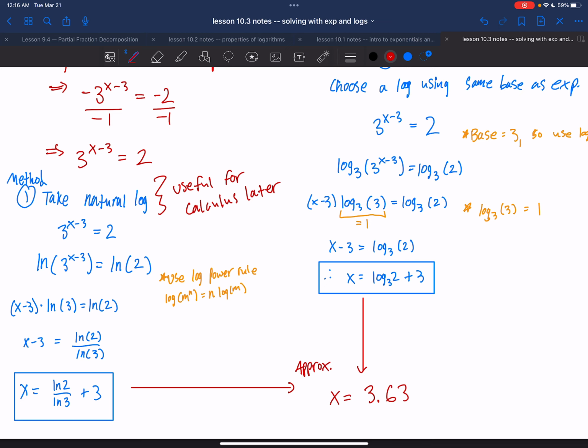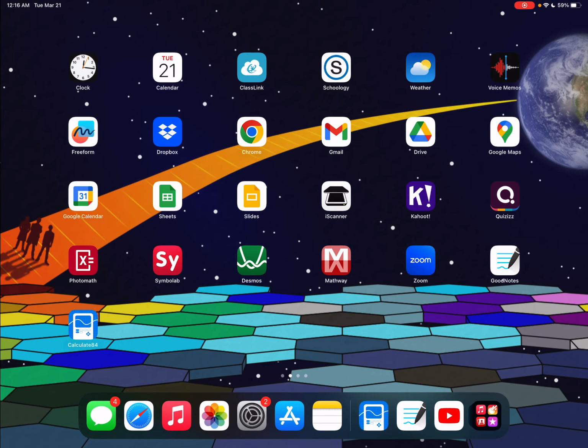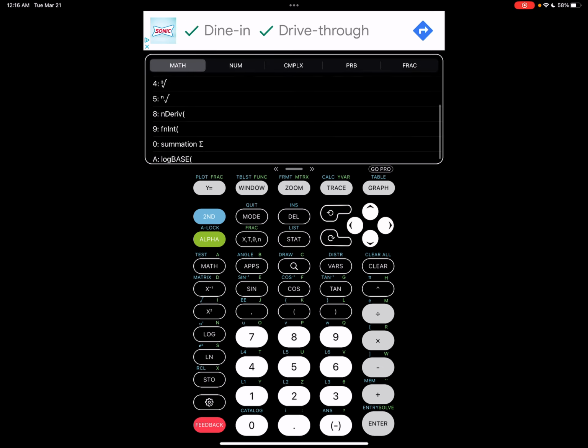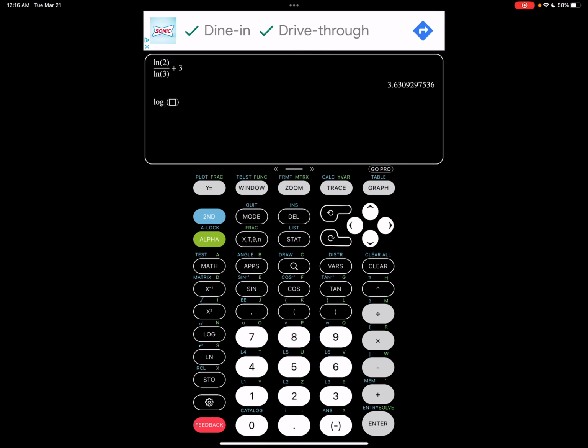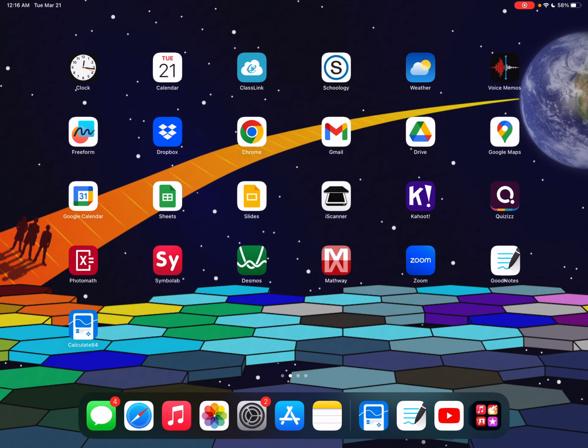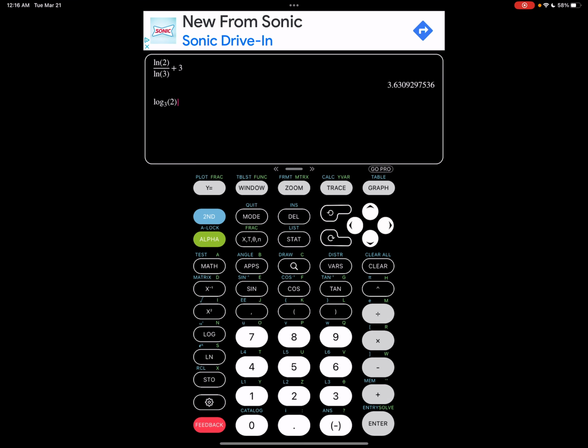Check out your other answer, log base 3 of 2 plus 3. If I go to math, log base 3 of 2. Is that right? Log base 3 of 2 plus 3. Look at that. It's the same number.